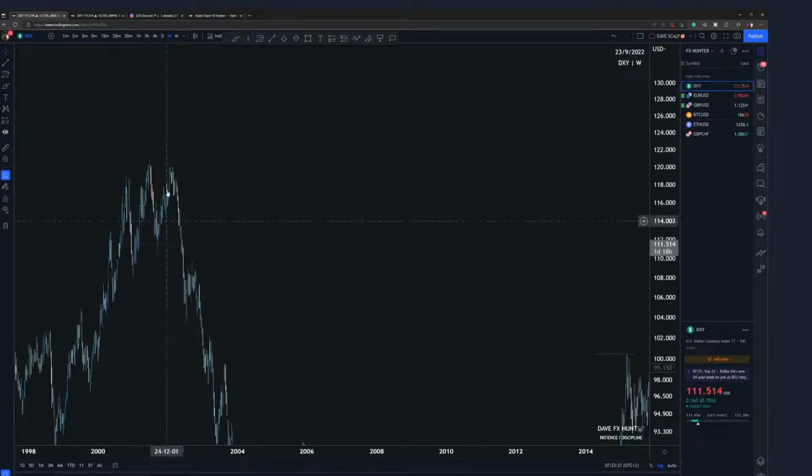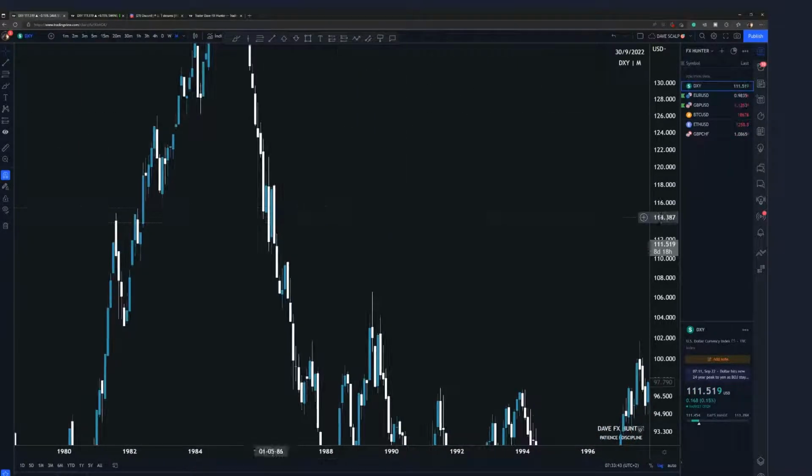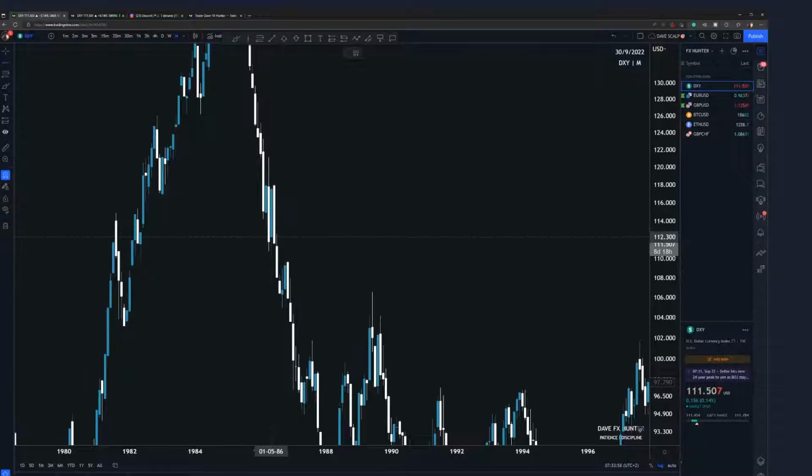We are actually reaching this monthly order block. This level is where, I don't want to call it resistance, but some resistance could be starting. And what's best to know is where the middle band of it is.